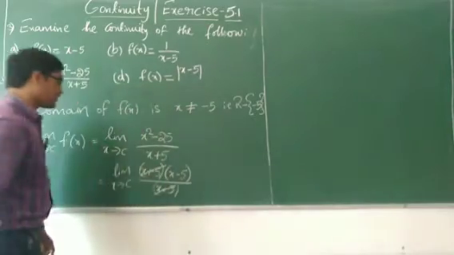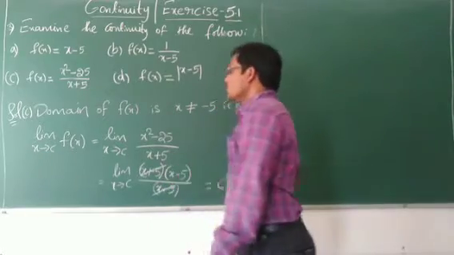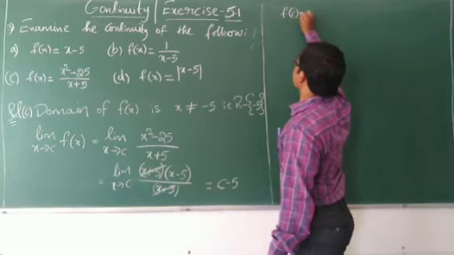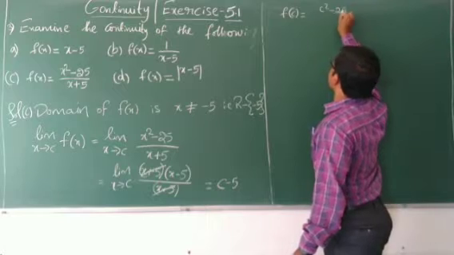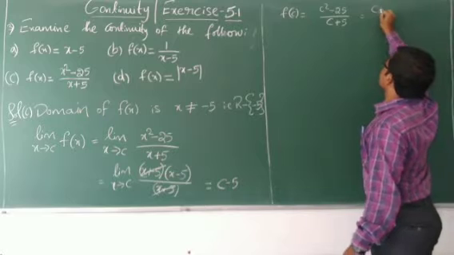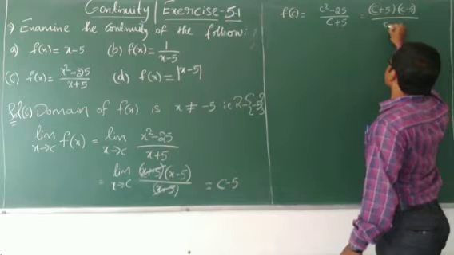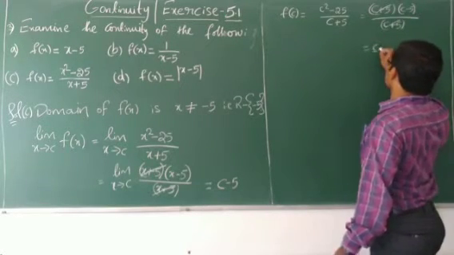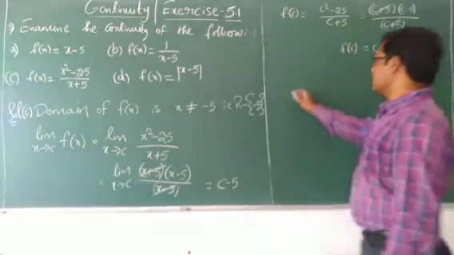So this gets cancelled. The limit is equal to C minus 5. Now f of C is equal to C square minus 25 by C plus 5, which is C plus 5 into C minus 5 by C plus 5. Again this gets cancelled out. So f of C is equal to C minus 5.